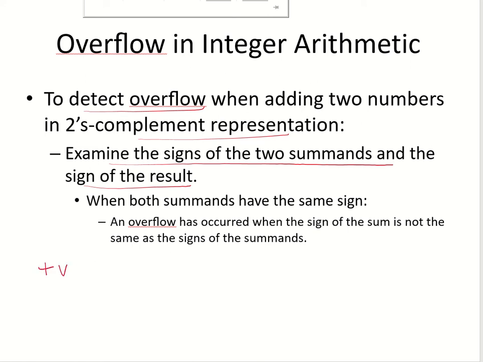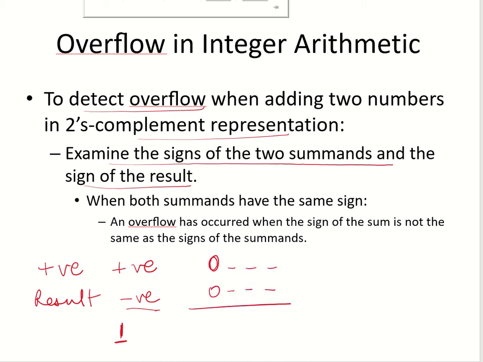So if both the numbers are positive and the result is negative, that means the most significant bit of the summands would be a 0 and the most significant bit of the result would be a 1. That means the sign of the result is different from the sign of the summands, and an overflow has occurred.